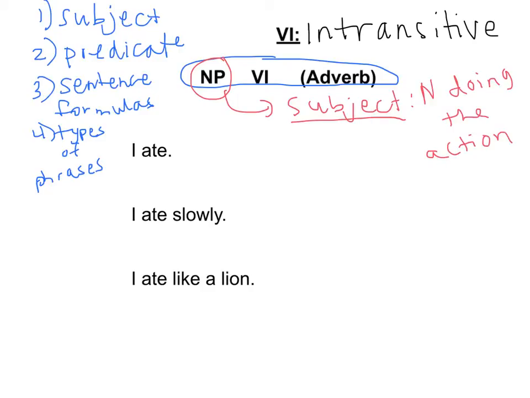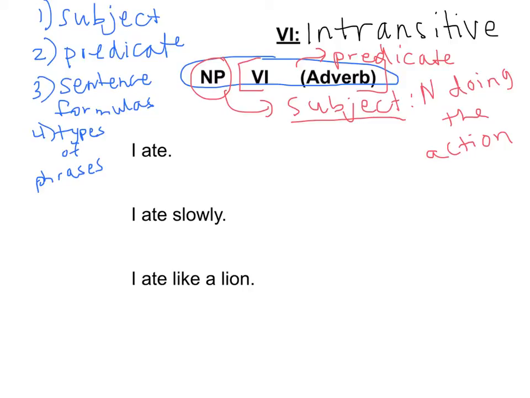Okay? The noun doing the action. Okay? Then we're going to have our VI. Okay? And everything that comes after the verb and everything after it, is always our predicate. Okay? The verb and everything after it is our predicate.